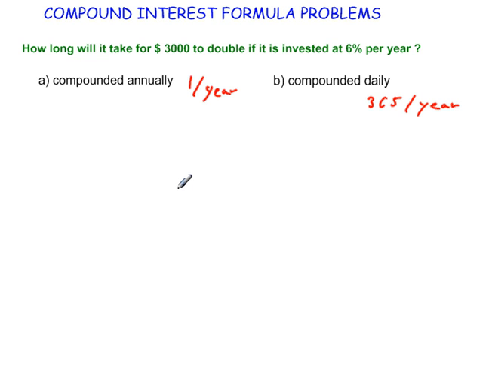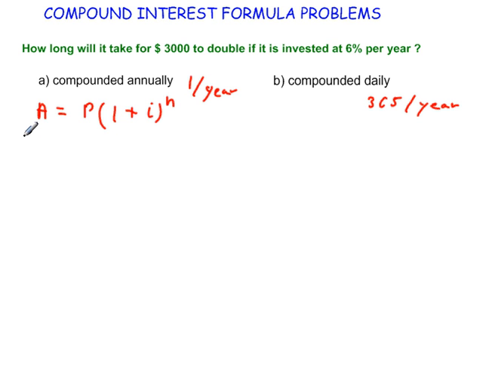So let's see how long will it take if the interest rate is compounded once per year. We will use the same formula for both cases. So the amount is equal to principal times 1 plus the interest rate to the power of n. So this time n will be measured in years.